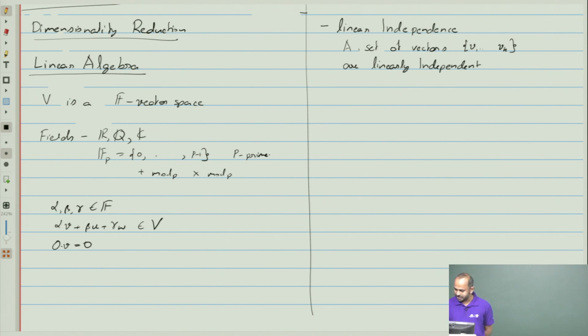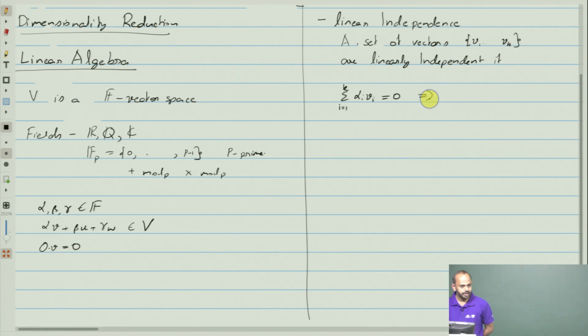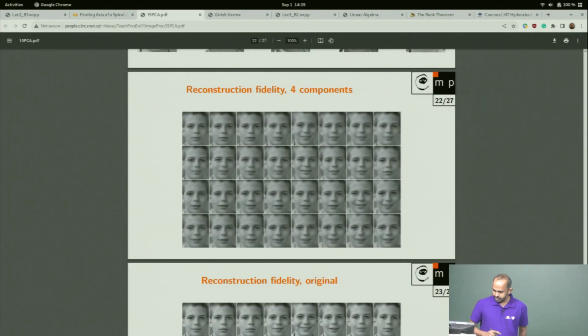The only way to make them sum up to 0 using linear combinations is if all those coefficients are 0. Summation of alpha i v i equal to 0. Let us say you somehow do some scalar multiplication and addition and manage to make the sum 0. This implies all the alpha i's have to be 0.